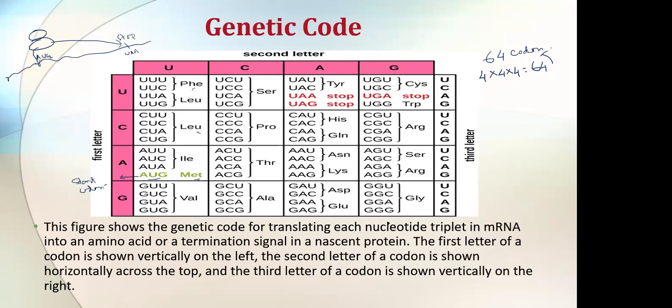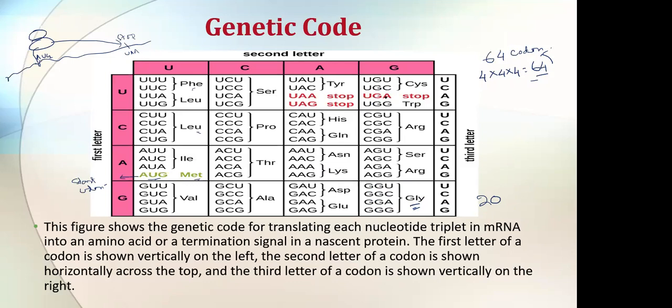You can see, look, that for glycine we have 4 different codons. You can understand we have only 20 amino acids, right? So for one amino acid there must be more than 1 codon, because we have 64 codons. Out of 64, these 3 stop codons do not make any protein.